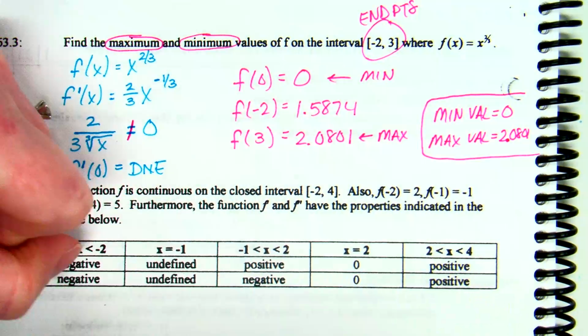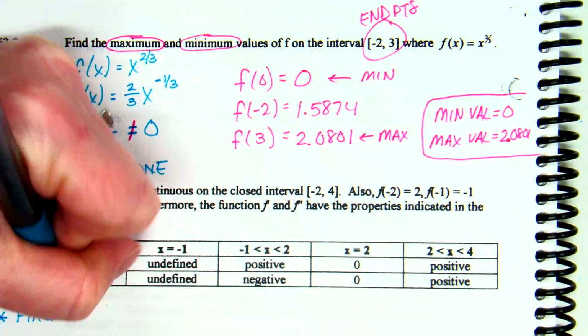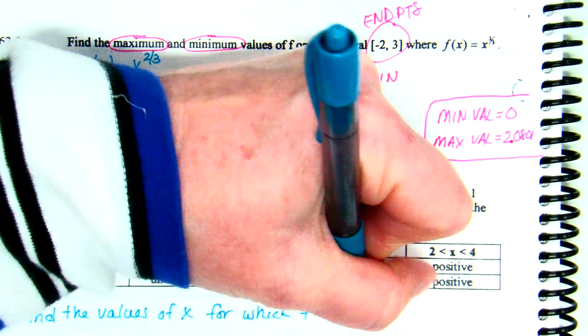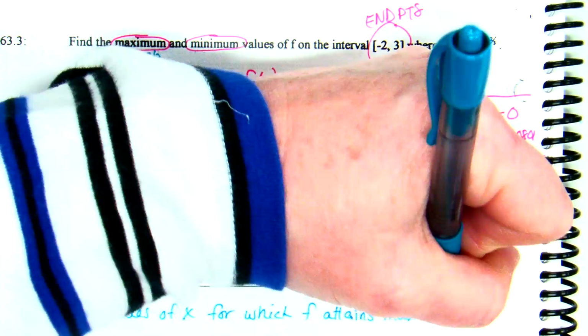What we're going to be doing, and I'm going to write it in right here, is find the values of x for which f attains max and min values. That's what we're going to be doing here. Now, they gave us a bunch of information.